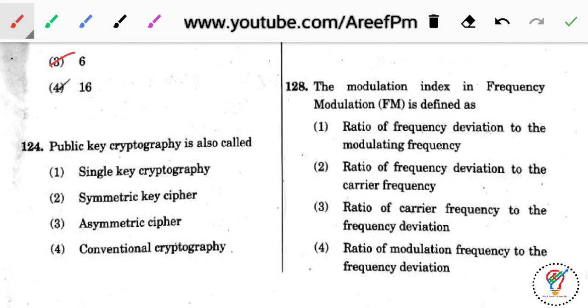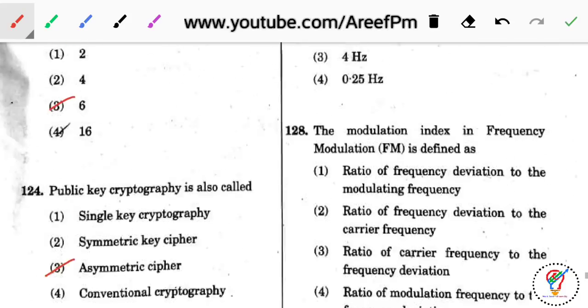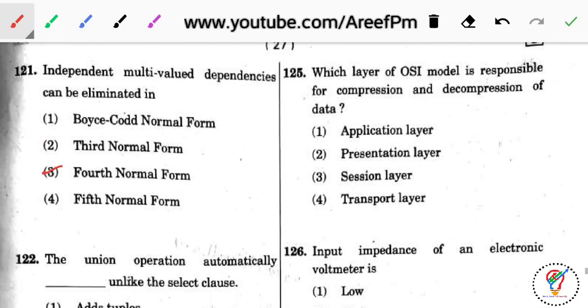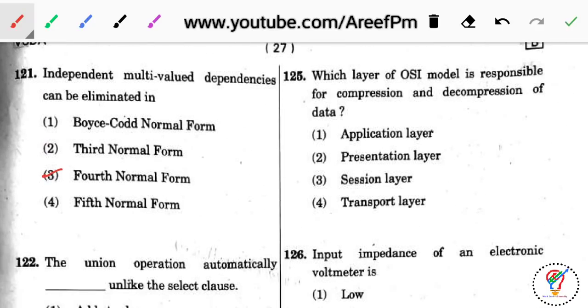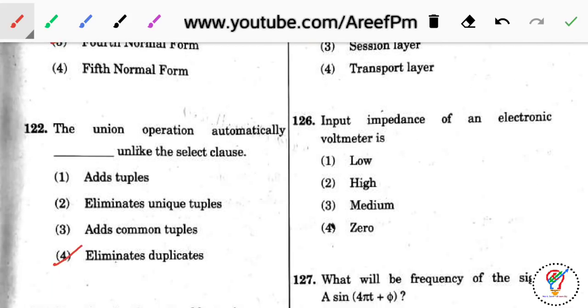Next one, public key cryptography is also called asymmetric cipher. Next one, 125. Which layer of the OSI model is responsible for compression and decompression of data? It is the presentation layer. Next one, 126 question here.